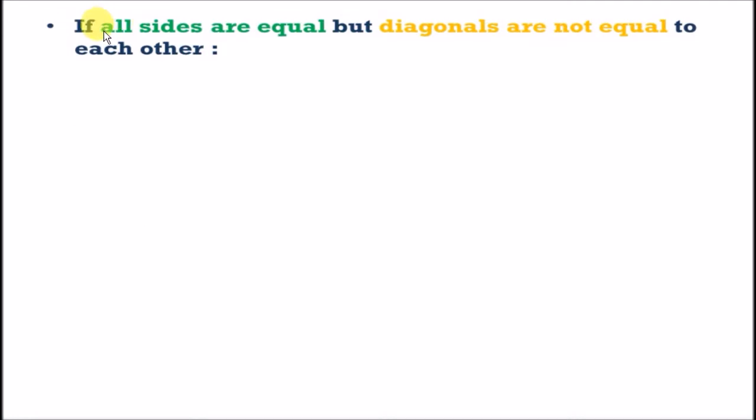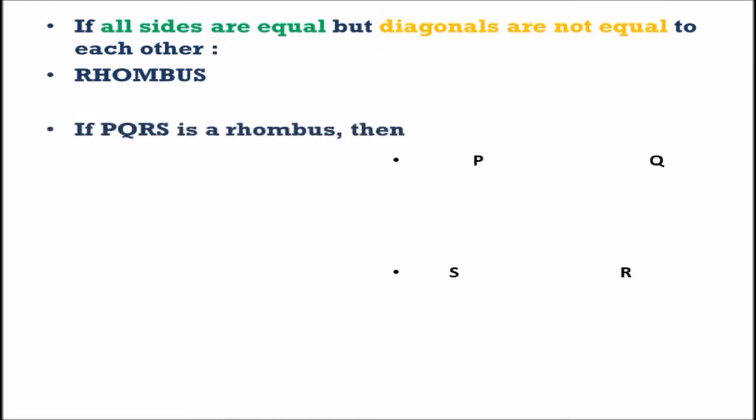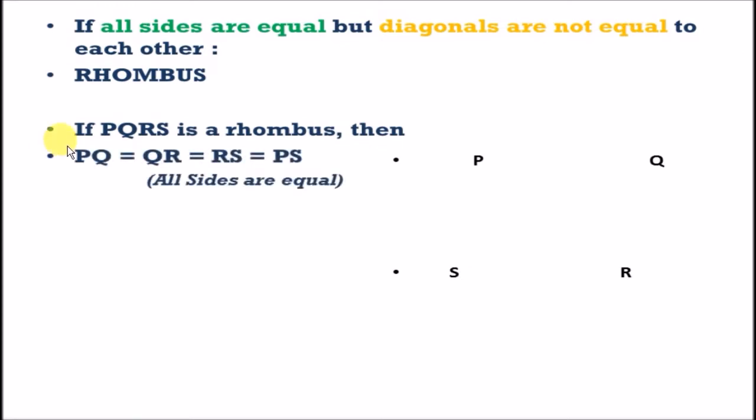Next, if all sides are equal but diagonals are not equal to each other, then such quadrilaterals are called a rhombus. If PQRS is a rhombus, then we'll have PQ equals QR equals RS equals PS.